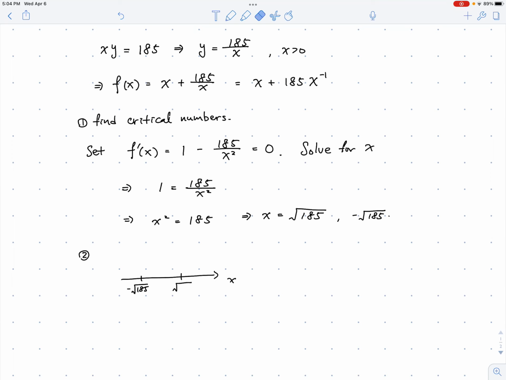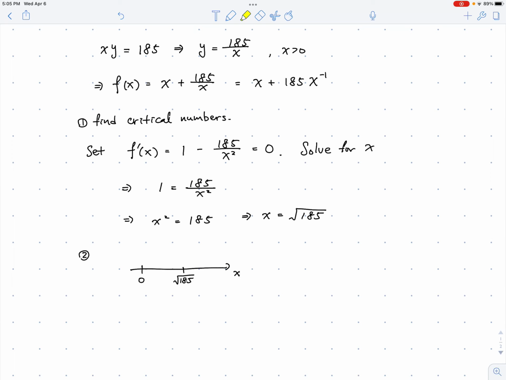Actually, just erase this because we really don't need to think about the negative numbers. Okay, so I just want 0 over here. I don't care about what happens on the left of 0. And then this is the root of 185. This is the x value.